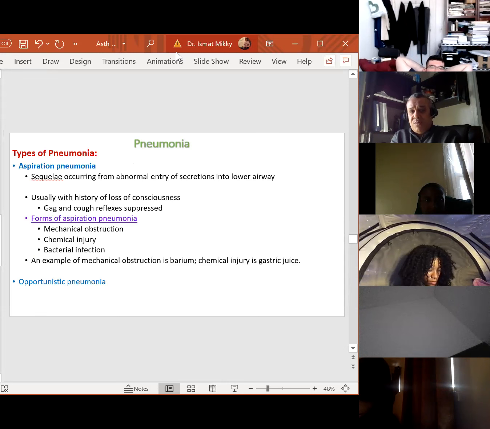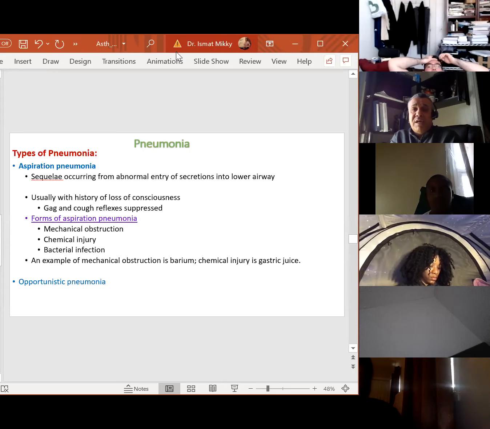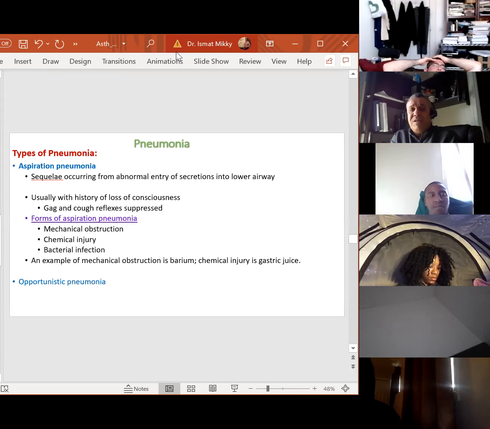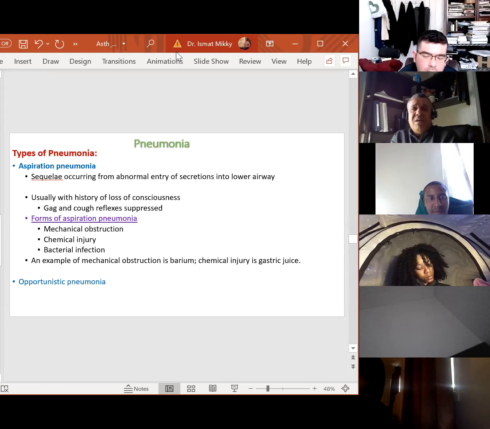Patients at risk who may develop opportunistic pneumonia are those with severe protein calorie malnutrition, immune deficiencies, patients on chemo or radiation therapies, or patients on long-term steroid therapy. An example would be a patient with HIV/AIDS who develops what is called PCP, pneumocystis carinii pneumonia.